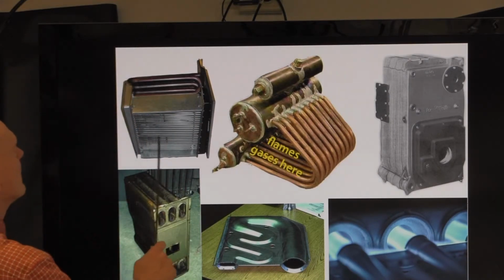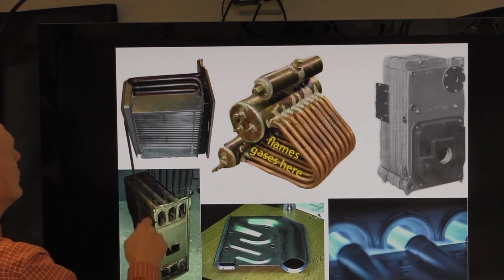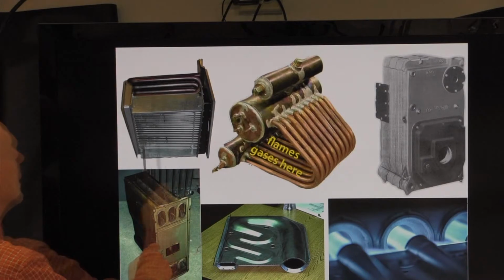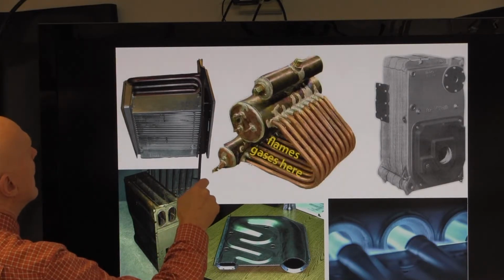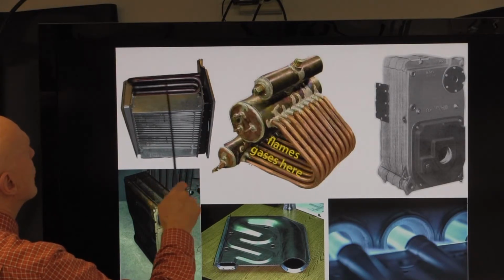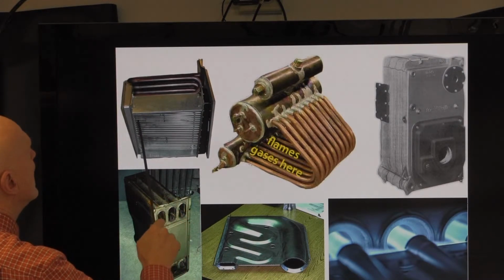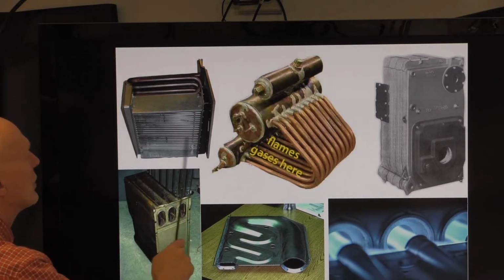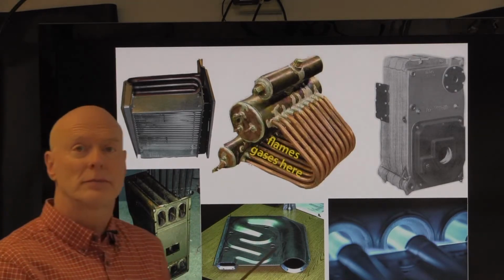So this is the heat exchanger for a condensing furnace. The flame comes in here and goes around and then into this secondary heat exchanger where we have condensation occurring.